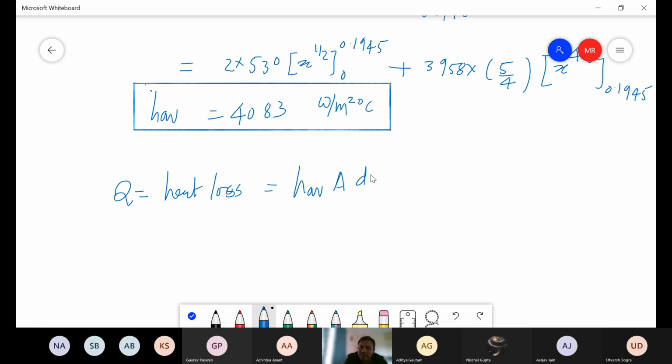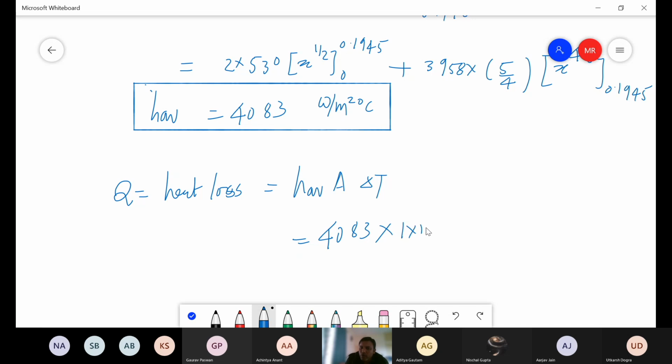So that will be H average times A times delta T. H average is 4083. Area of the plate will be length into width, so let's assume the length and the width are both just 1 meter.